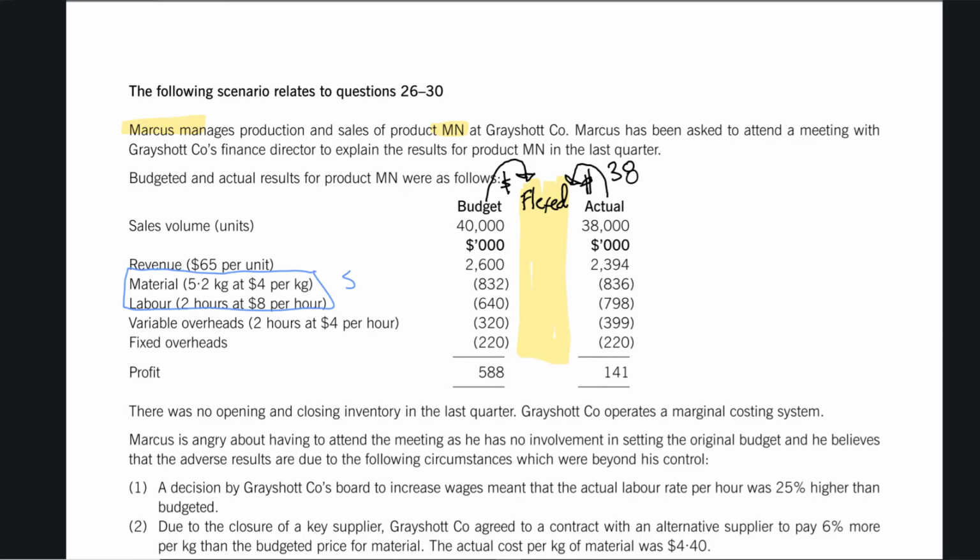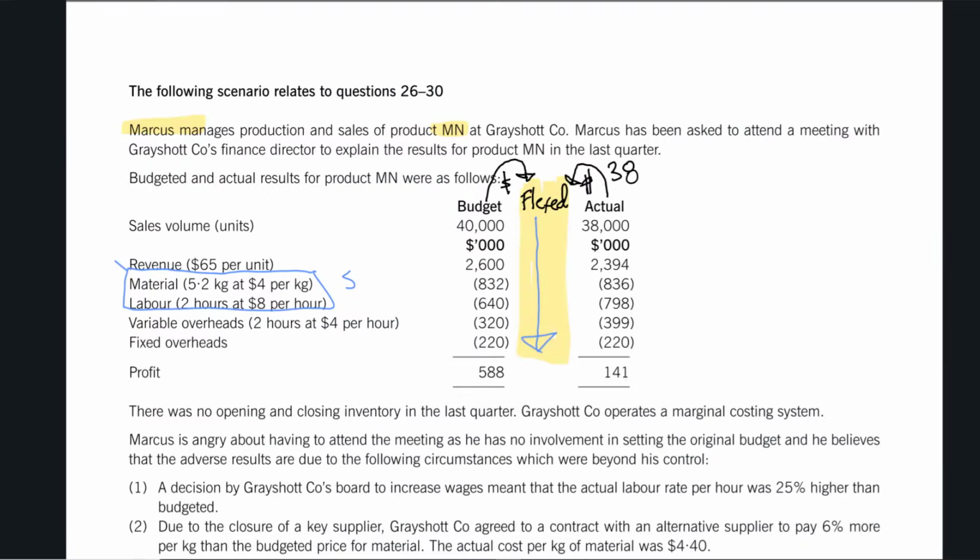Okay, team? So we've got two things we've looked at so far. The fact that they did not give us a flexed budget, and the fact that the standard cost card is presented to us right here on the left. Now, in this question, in order to do the basic variances, we need a little bit more info.